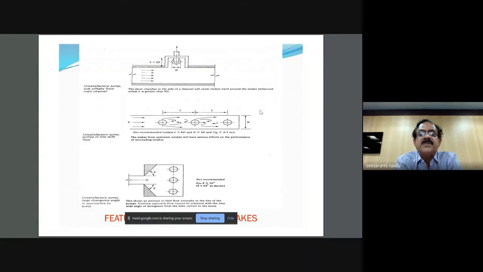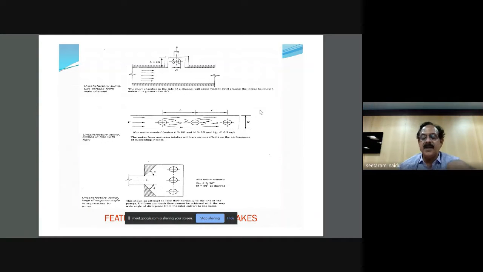The wakes from upstream intakes will have a serious effect on the performance of the succeeding intake. So this kind of arrangement will surely create problems. If the line of pumps is in the same direction as the velocity, this is never recommended. It should be transverse, like this.